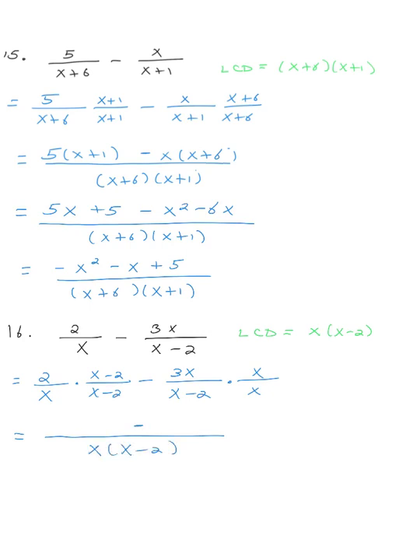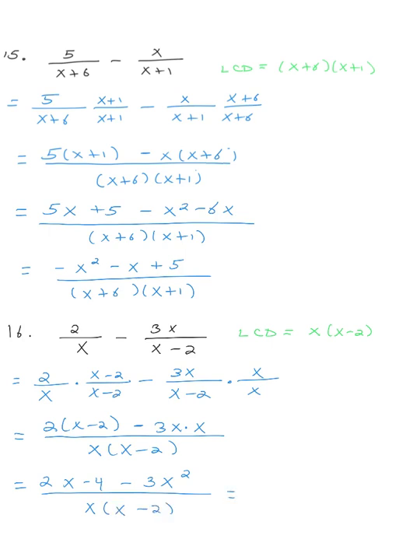And I'm subtracting the product of those numerators, which is 2 times x minus 2 minus 3x times x. No need for parentheses because we don't have to distribute anything. Okay, let's see, 2x minus 4, that's minus 3x squared. Again, I'll leave the denominator alone, just x times x minus 2.